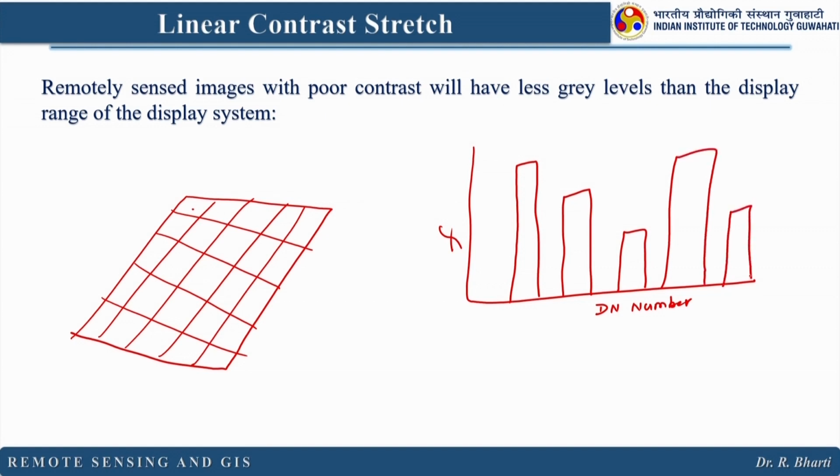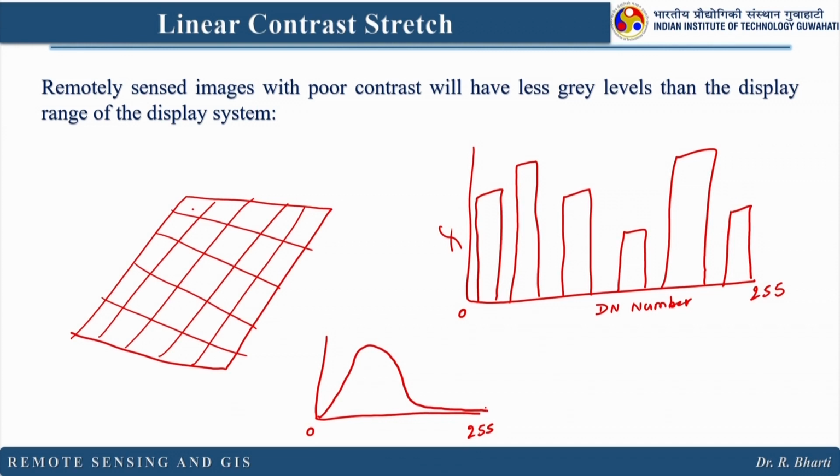But it is not necessary that the image will acquire the full range of this display system or the full range of the radiometric resolution. So, when you are using 8-bit data, this will become 0 to 255. It is always seen in remotely sensed images that when you are using this 0 to 255, your histogram will be something like this, or it can be like this, right.